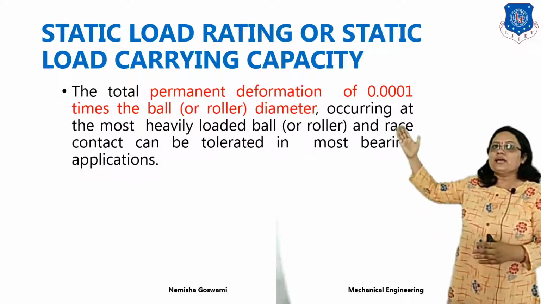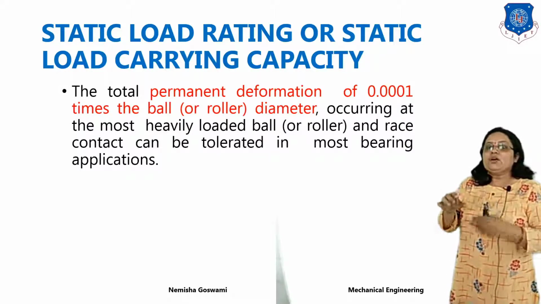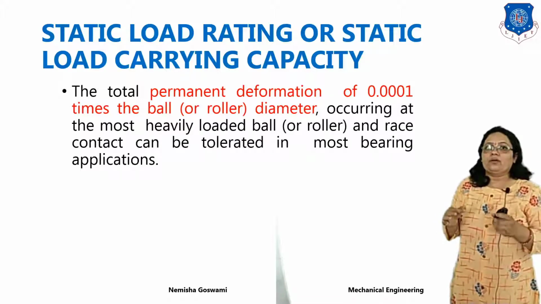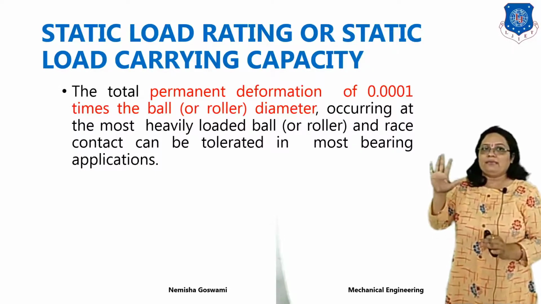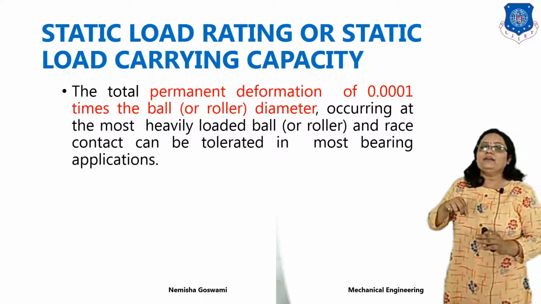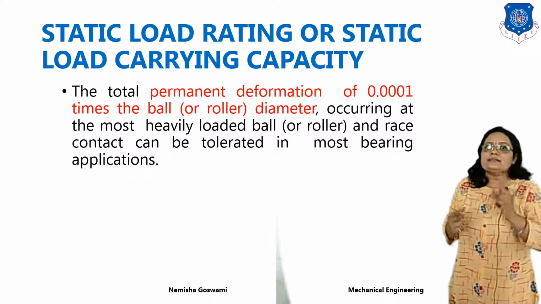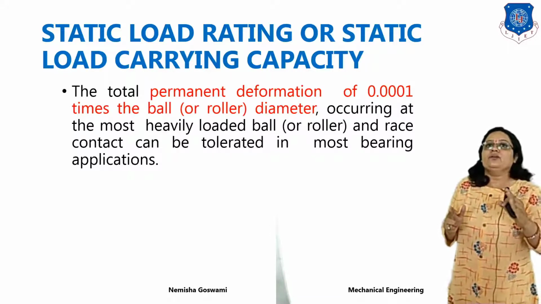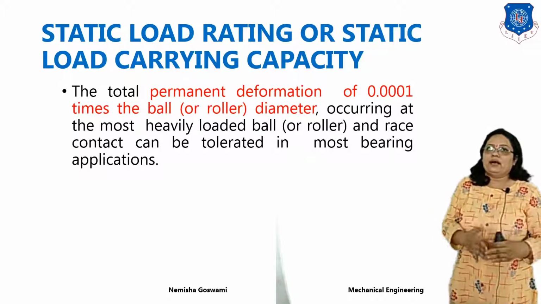And where will it occur? At the most heavily loaded ball. There are several balls inside the bearing, and there may be one ball which tolerates the highest amount of load. For example, if there are a total of 5 balls and the second ball suffers the highest load, that second ball is your heavily loaded ball. In that respect we will find the deformation.